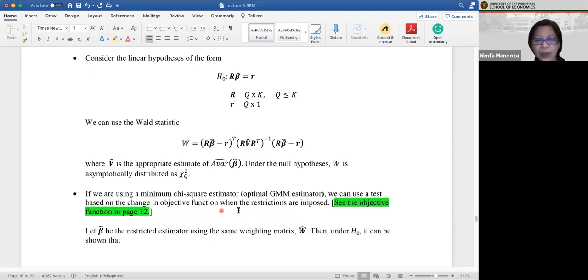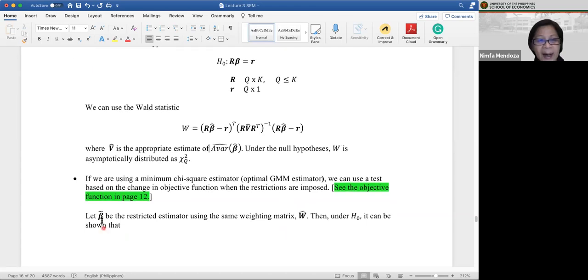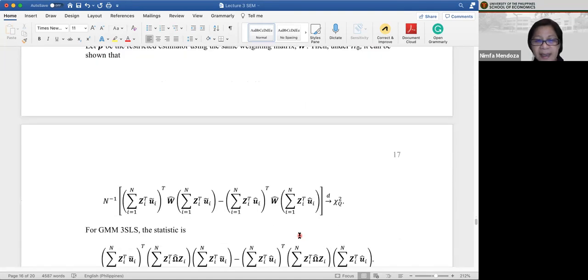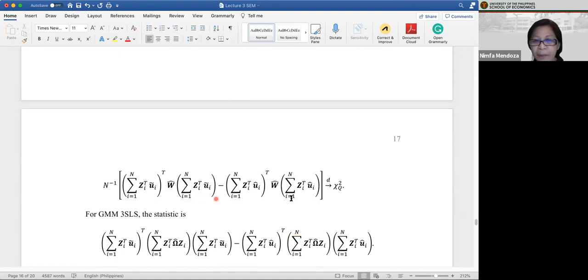So we would like to see the change in the value of the objective function when the restrictions are imposed. Here you would need the restricted estimator, beta tilde, using the same weighting matrix W hat. Then under the null hypothesis, you're looking at the difference in the values of the objective functions.